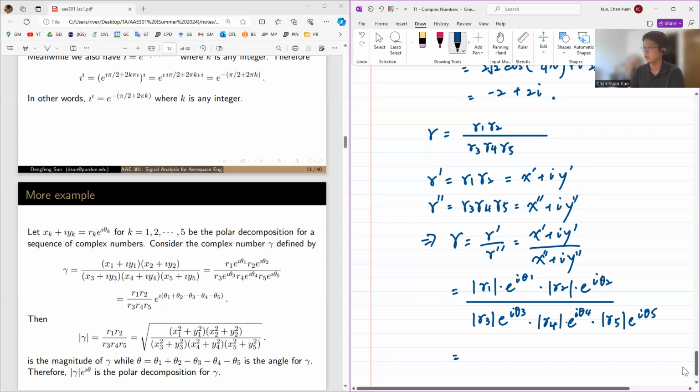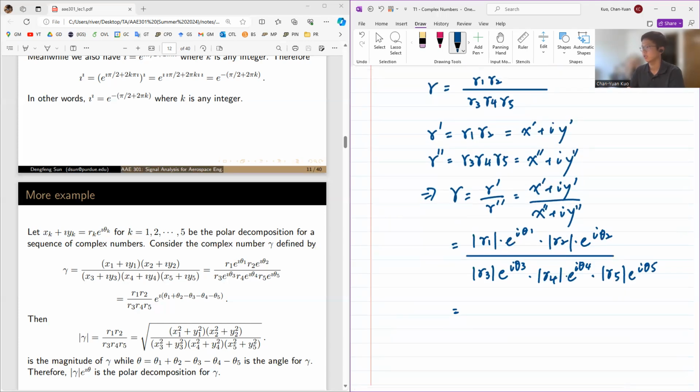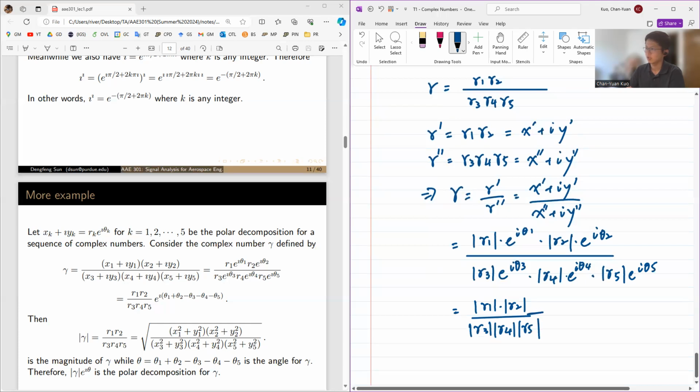And so we can now further express this as gamma 1 times gamma 2 over gamma 3, gamma 4, gamma 5 times e to the i theta 1 plus theta 2 minus theta 3 minus theta 4 minus theta 5, which is much simpler, right?